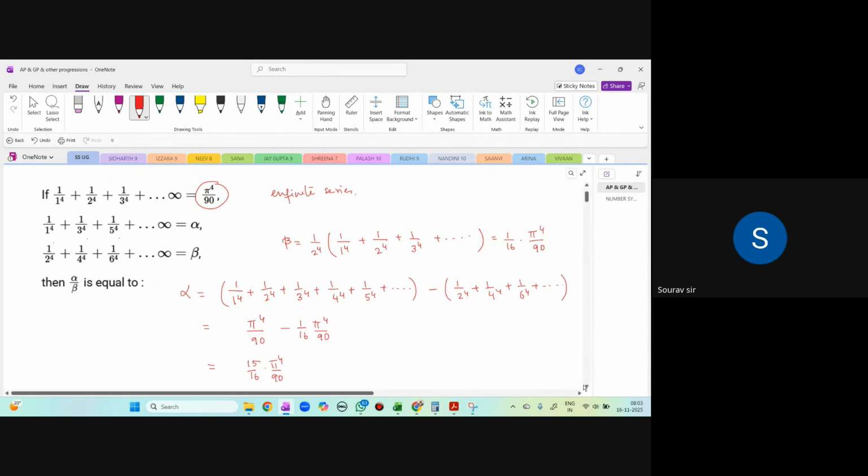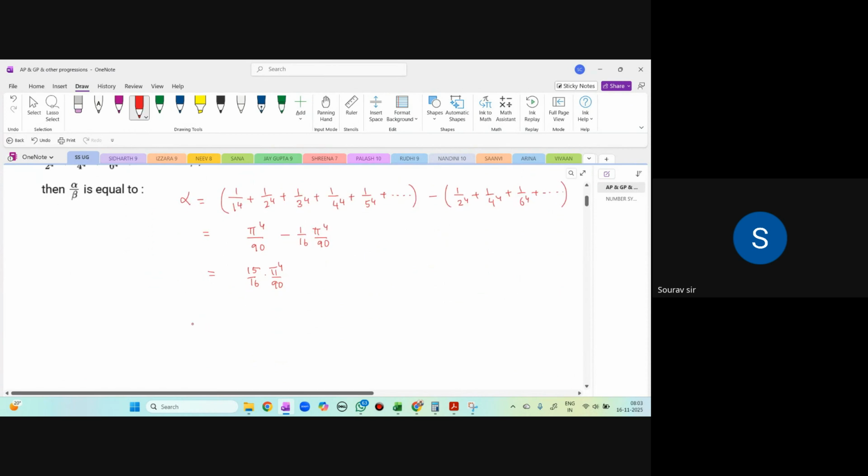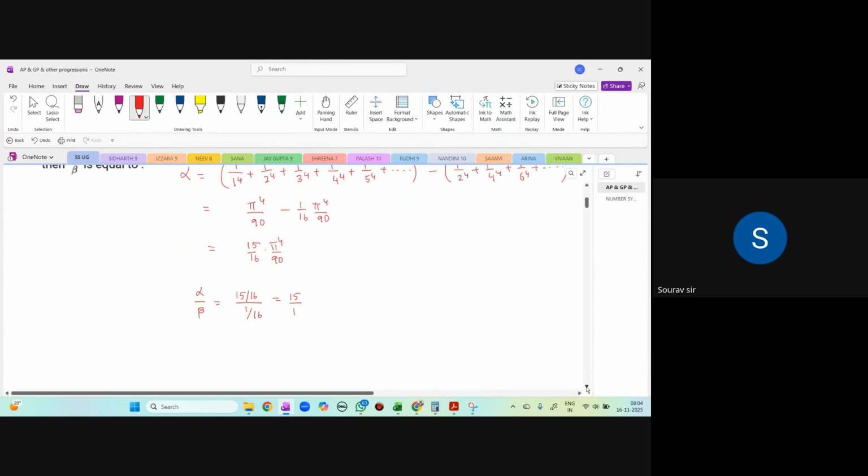So therefore alpha by beta is 15 by 16 pi to the power 4 by 90 over 1 by 16 pi to the power 4 by 90, the pi to the power 4 by 90 will cancel out. So this is 15 by 16 by 1 by 16, which is 15:1.